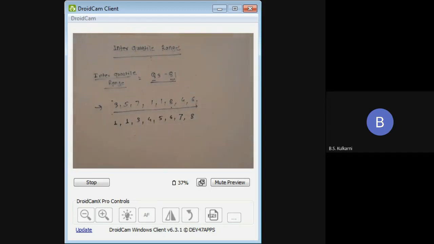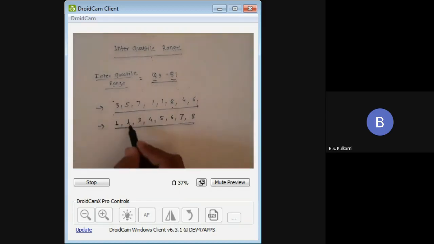Now the second task is to find the median of these values. How is the median calculated? 1, 2, 3, 4, 5, 6, 7, 8. 8 divided by 2.